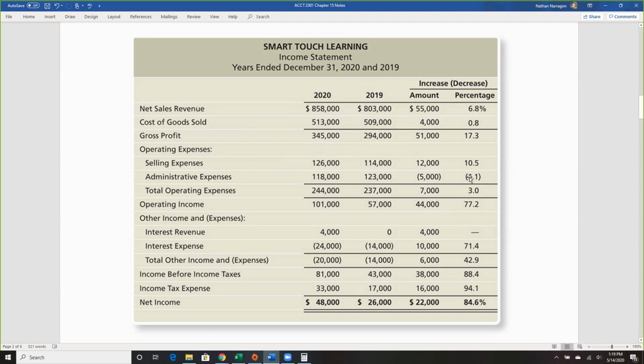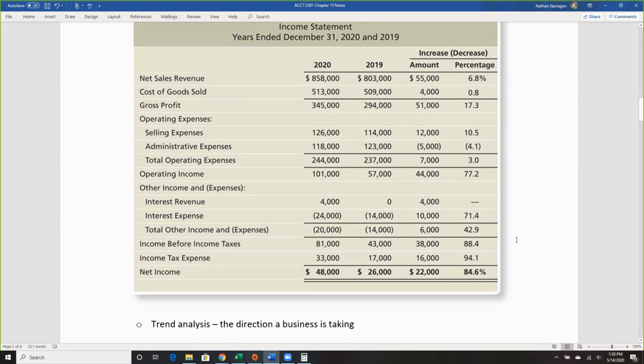Negatives, we definitely check those out. Since this is an expense, we're good. That means we're lowering costs between the years. So we lowered it by 4.1%. Overall, interest looks like the big one, probably take out more loans, so that's fine.